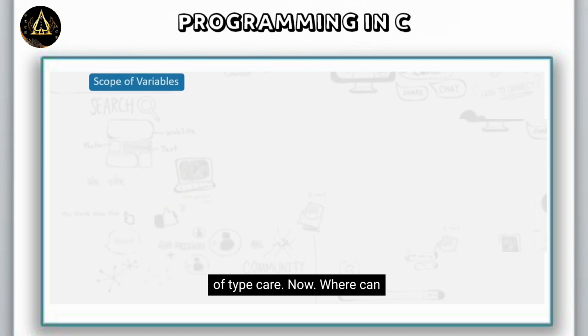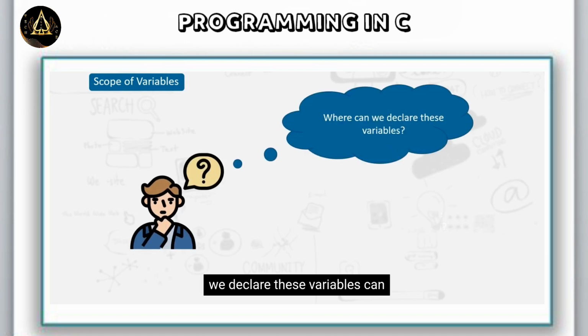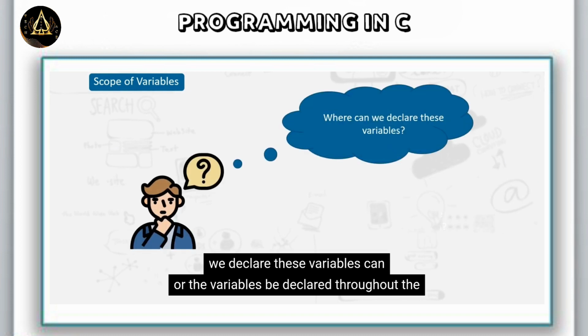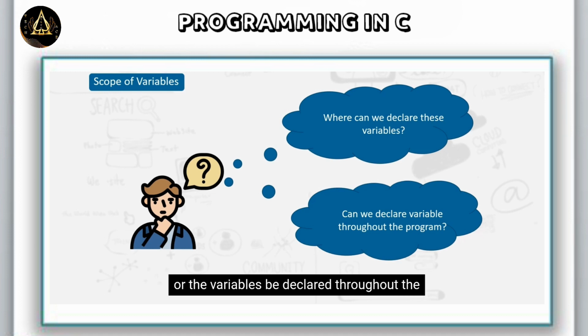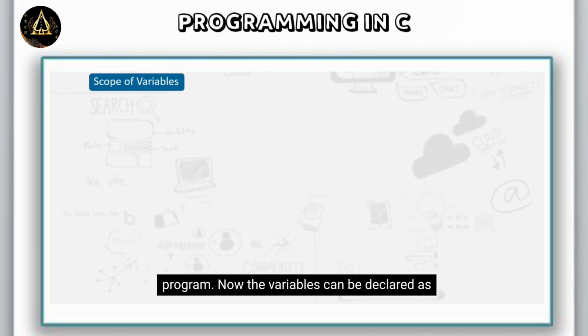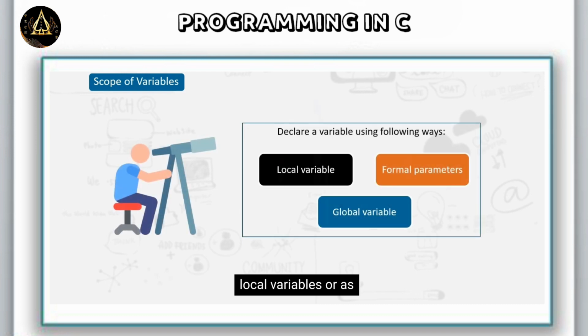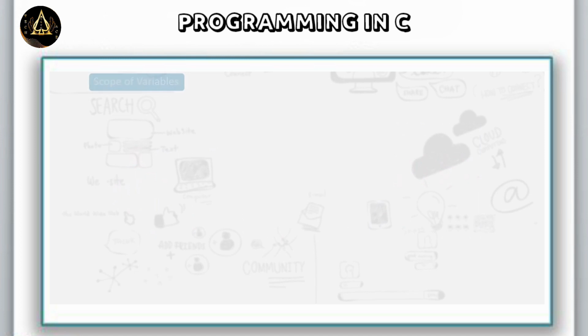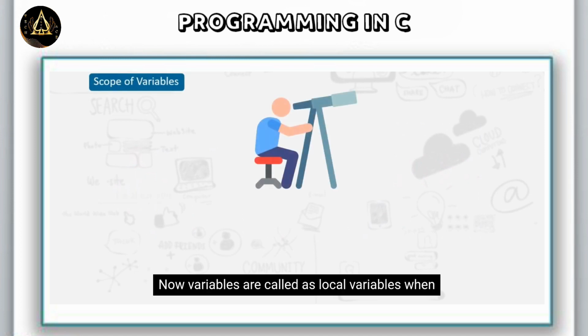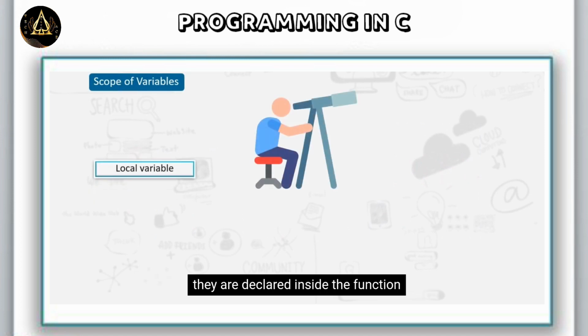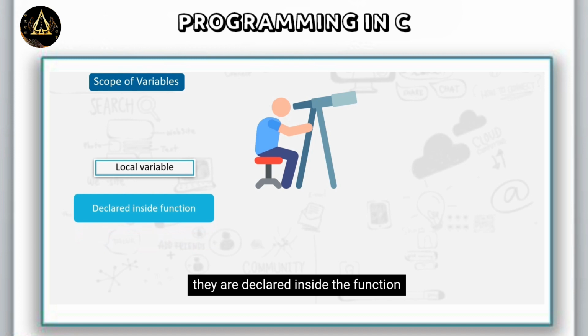Now, where can we declare these variables? Can the variables be declared throughout the program? The variables can be declared as local variables, as formal parameters, or as global variables. Variables are called local variables when they are declared inside a function.